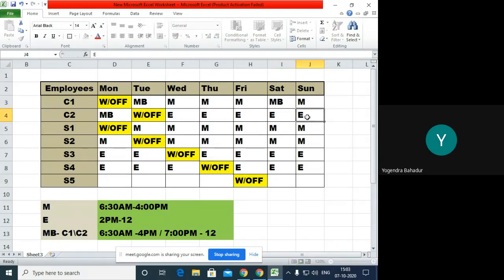Likewise, on Sunday, there is heavy rush in the morning time. So again, Captain C2 will have to do the morning break.